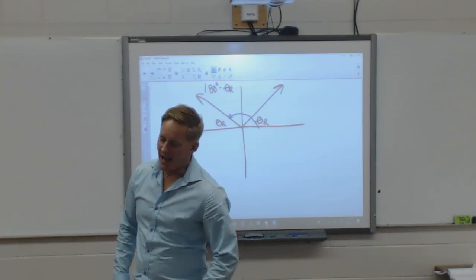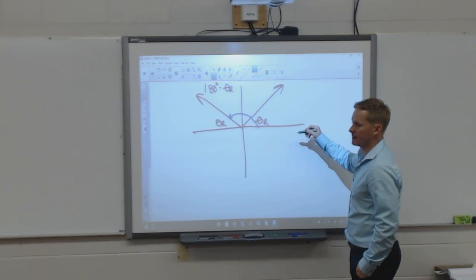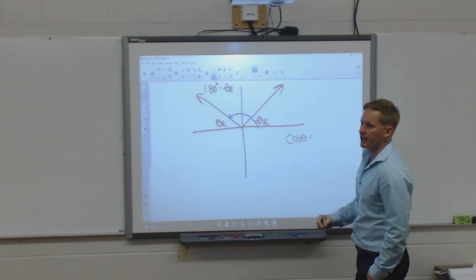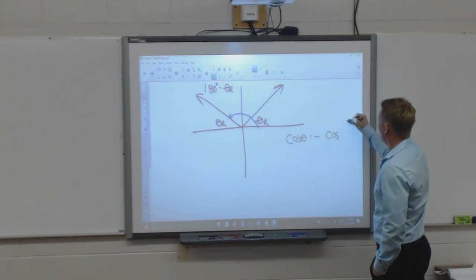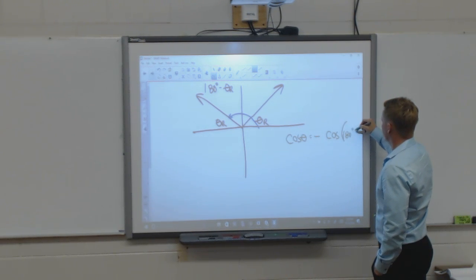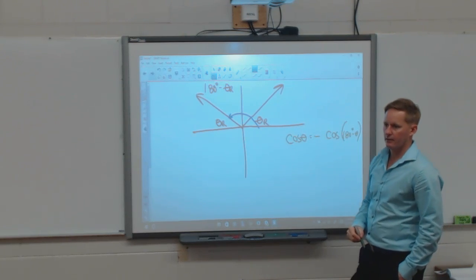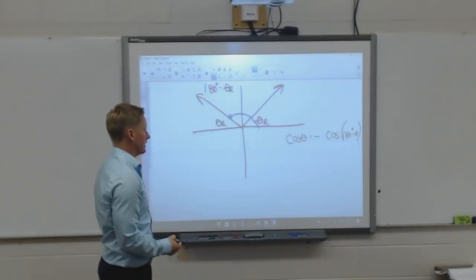It does not work exactly the same for cos, but it's very similar. If I take a cos ratio, I can get another angle by taking the negative of the cos of 180 minus that original angle. So let's take a look at it.